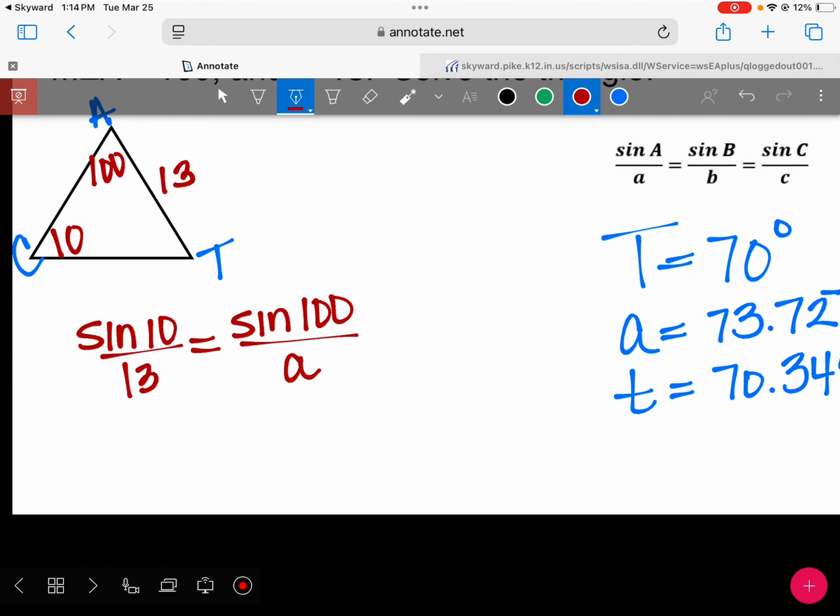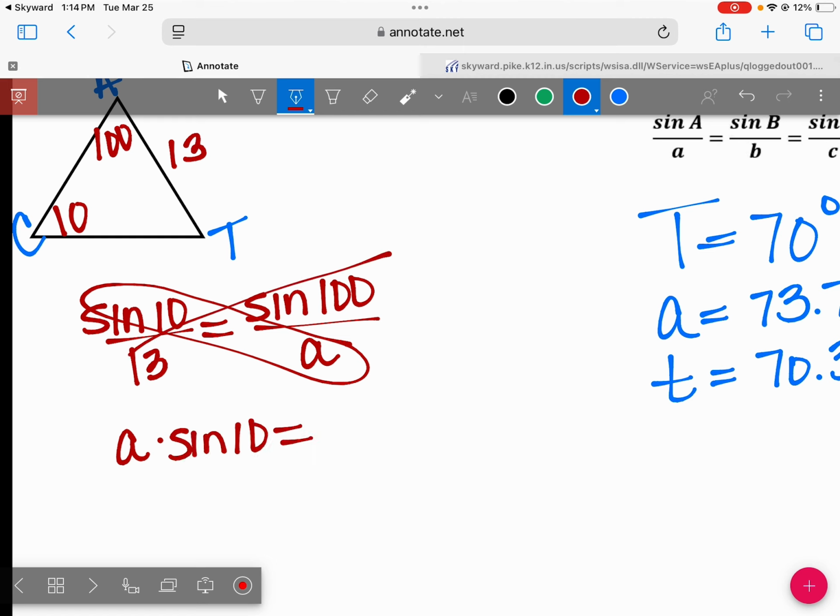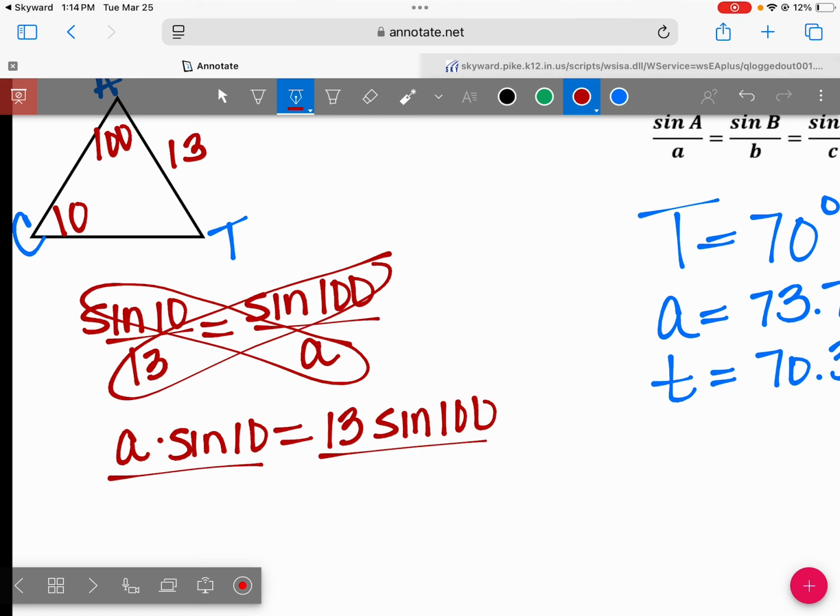So cross multiply. That would be a times the sine of 10 equals, so this is just a proportion. Divide both sides by the sine of 10, and that's how you get 73.727.